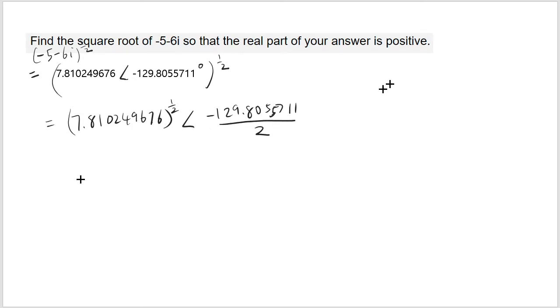The reason I'm using this is I'm just using de Moivre's formula, which is r angle theta to the nth power is r to the n angle n theta, right?